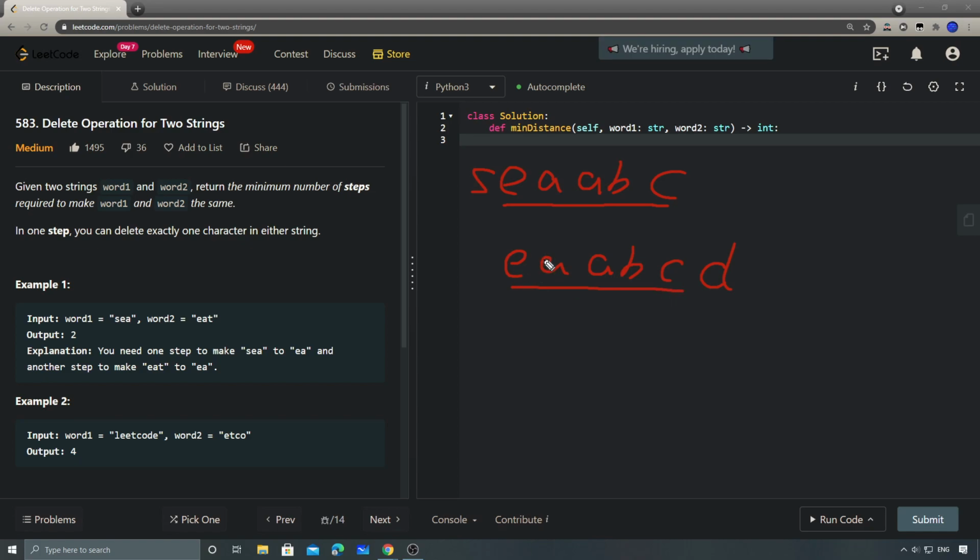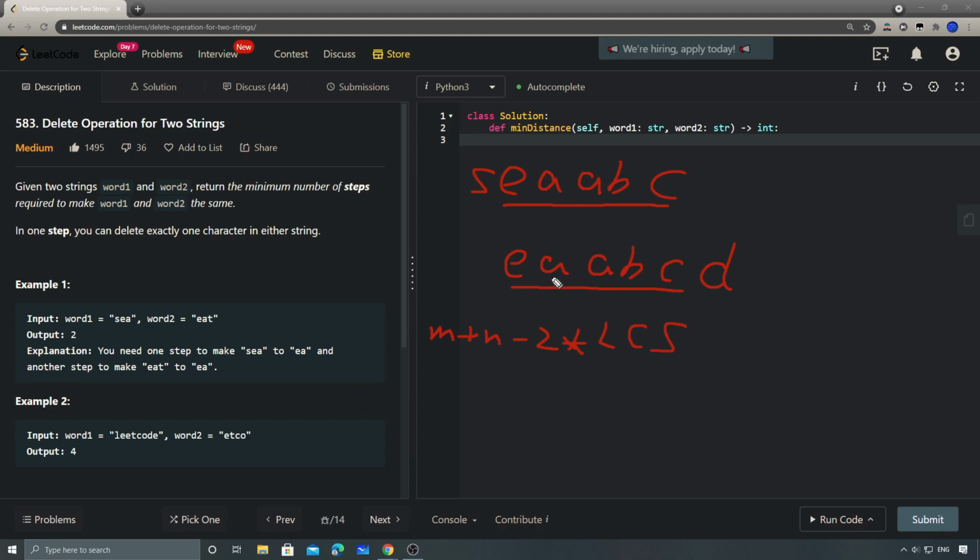That's why, if we can find the longest common string between those two words, we simply compute m plus n minus 2 times the longest common string length, where m and n are the lengths of the words.